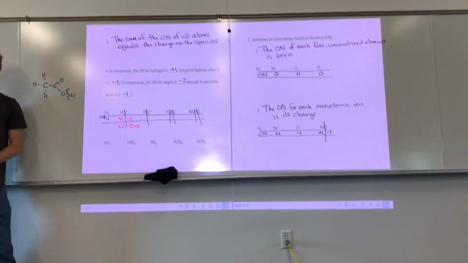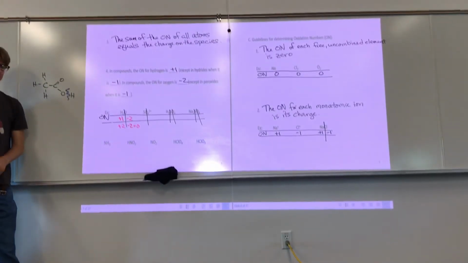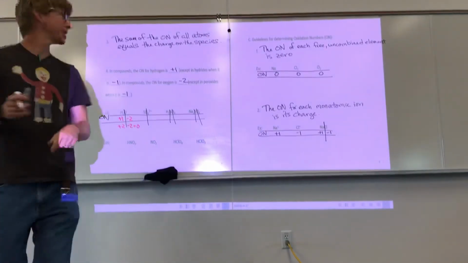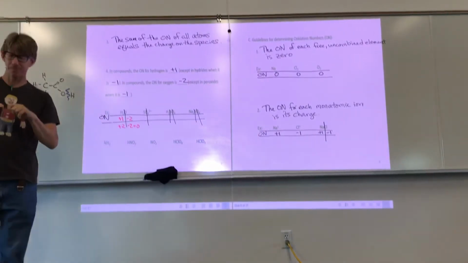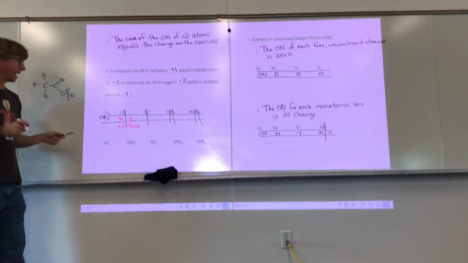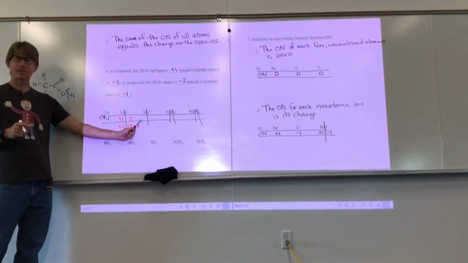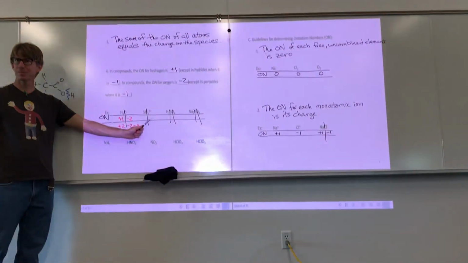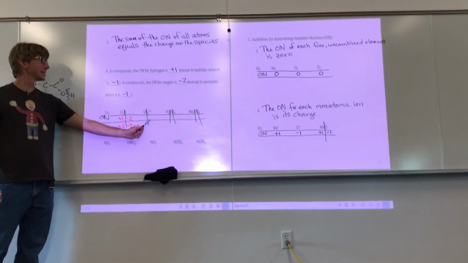Sulfate. So that's per individual atom. It is always per individual atom. That's a very good point. Now, I don't have a rule about sulfur. I have a rule about oxygen. What is the oxidation number of oxygen? -2.